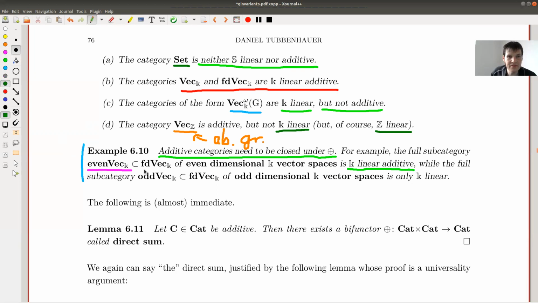On the other hand, clearly there's also the subcategory of odd dimensional vector spaces, but this is not additive, right? And I write plus for additive. Why not? Well, because odd plus odd is even, so you would run out of your category. It's not additive. It's still k-linear, of course, but it's not additive.